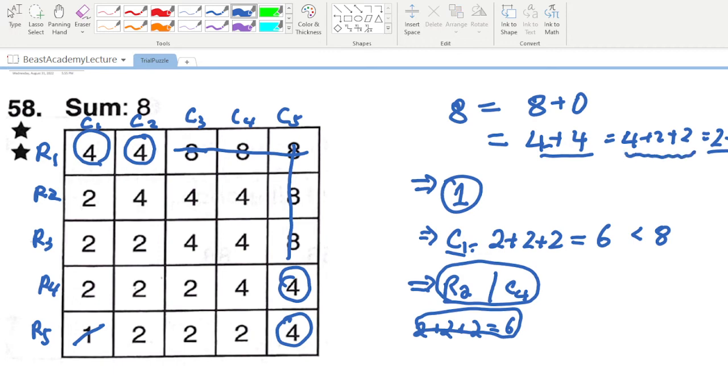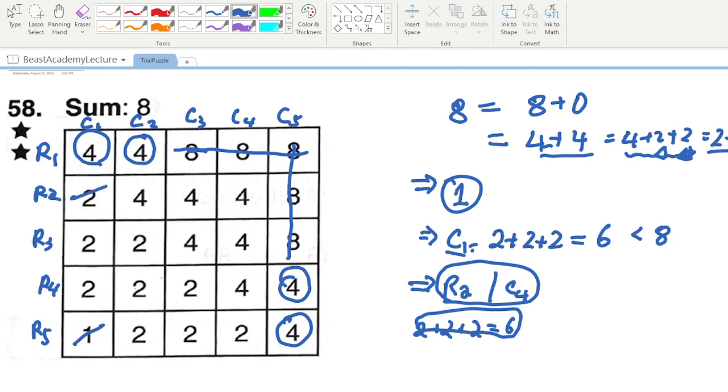How many 2's do you need to make 8? 4 2's, or at least 2 2's plus a 4. How many 2's do you have now? 1. That means we need to use the 4.